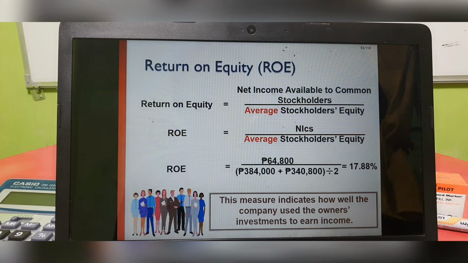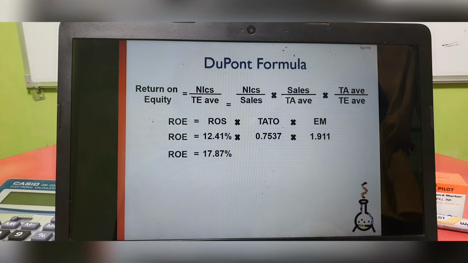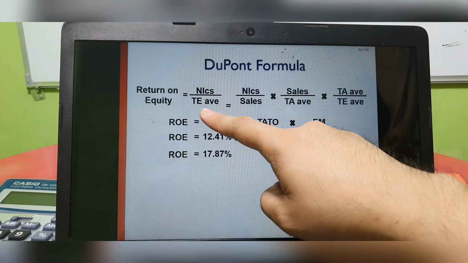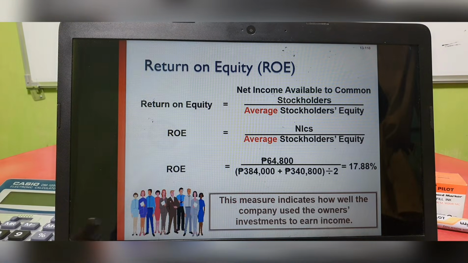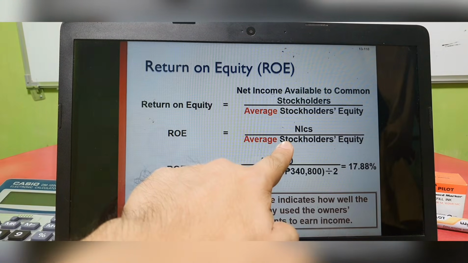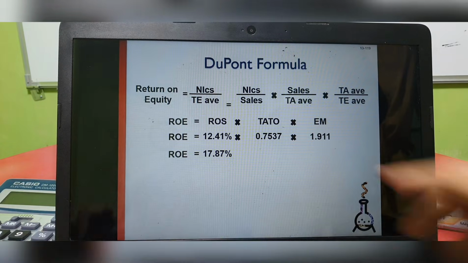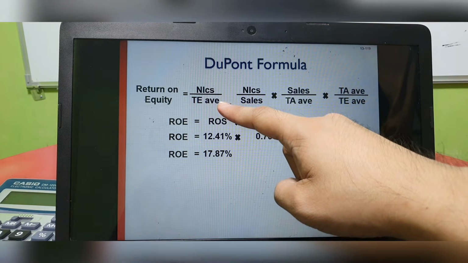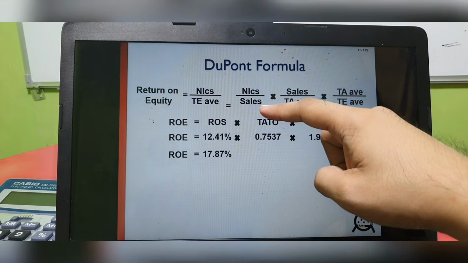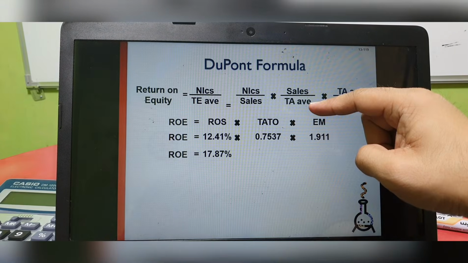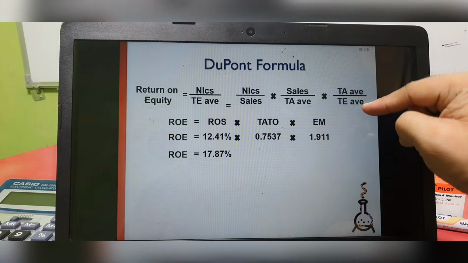Okay? At may sinabi din dyan si DuPont. So kanina, sabi natin, return on equity is NICS over total shareholders' equity average. Ito. Okay? Now, pwede ka uling mag-expand. So, NICS over sales, sales over TA average, over TE average.